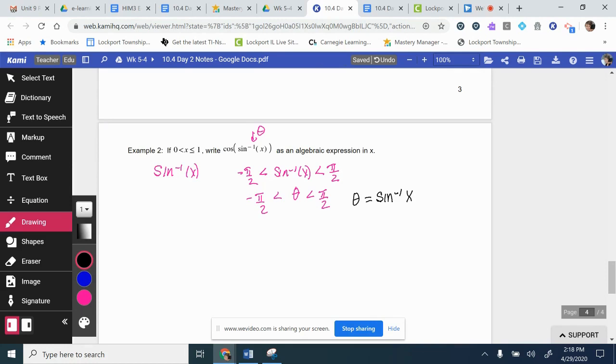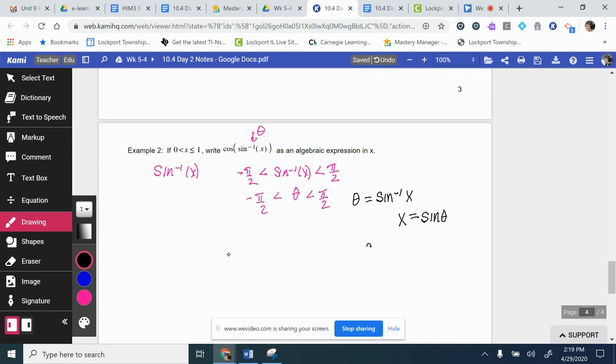If this is true, then x must equal the sine of theta. And now I feel like I've got some stuff to work with here.